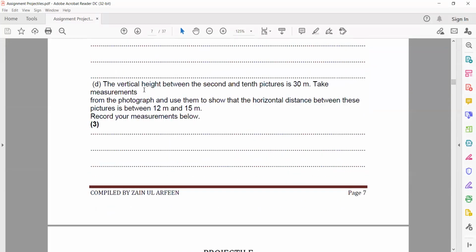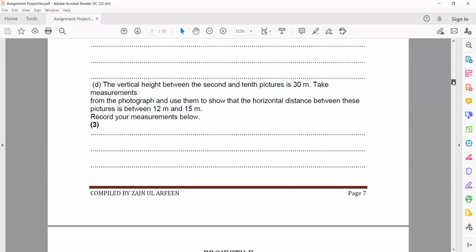Then: the vertical height between the second and the 10th picture is 30 meter. Take measurements from the photograph, use them to show the horizontal distance between 12 and 15 meter. Record your measurement below.